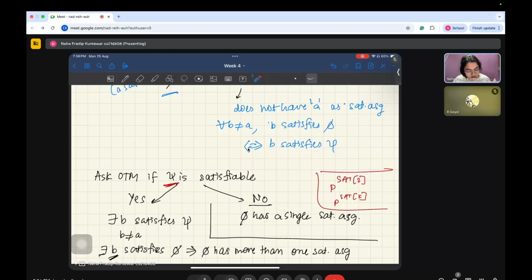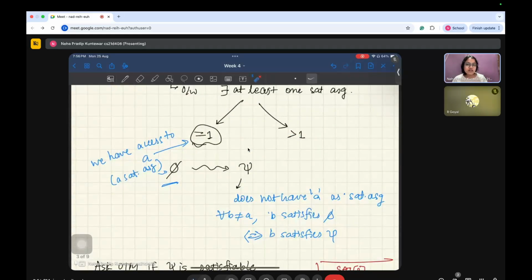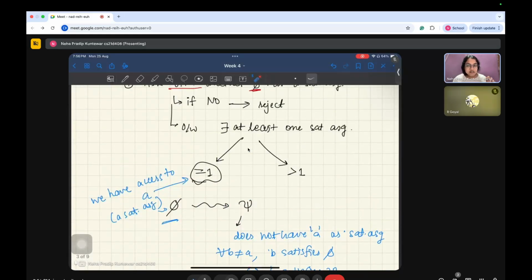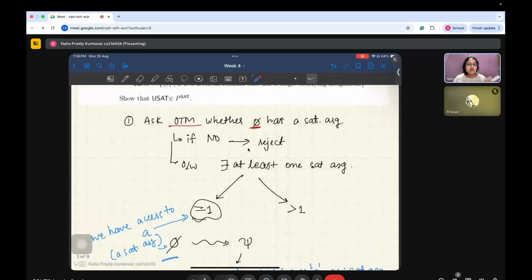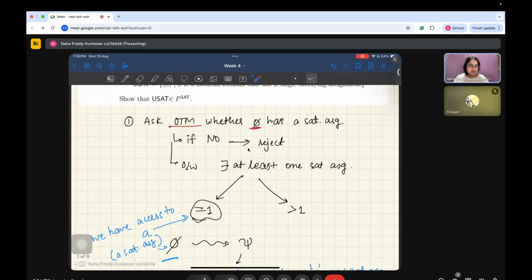The more important thing is that there are two things that we assumed here that we will have to concretely solve. One is that we assumed that we know what the satisfying assignment is, because this oracle will only tell you whether it has a satisfying assignment or not.